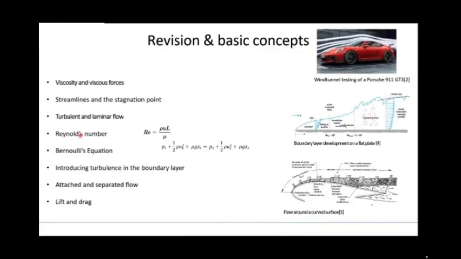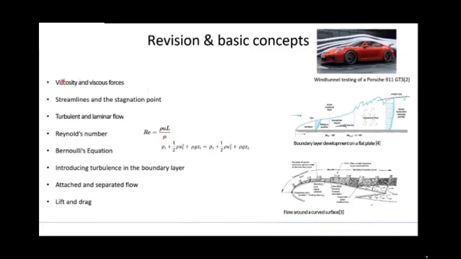Now we can actually use something called Reynolds number to define when we would see laminar flow and when we would see turbulent flow. There's the definition of Reynolds number. So Reynolds number, this dimensionless coefficient, is the density of the fluid times the velocity of the fluid times some length, I'll discuss what that is in a minute, the characteristic length, divided by the viscosity of the fluid.